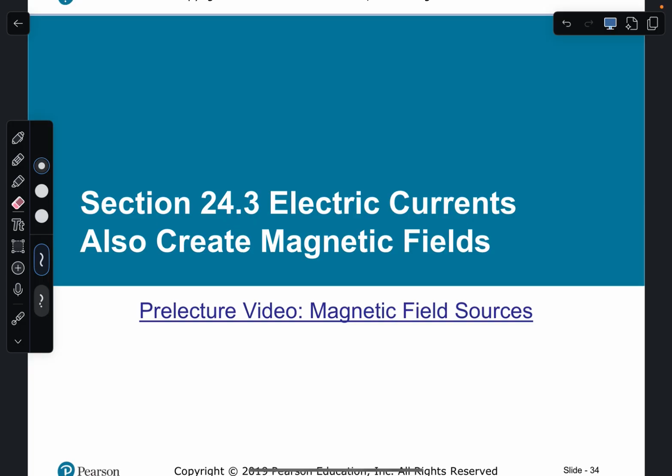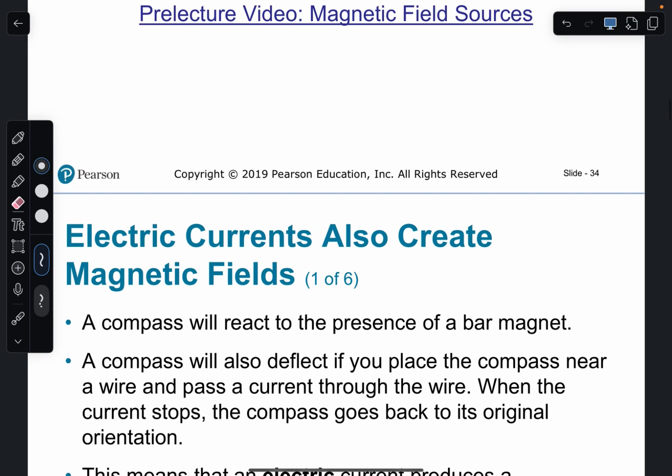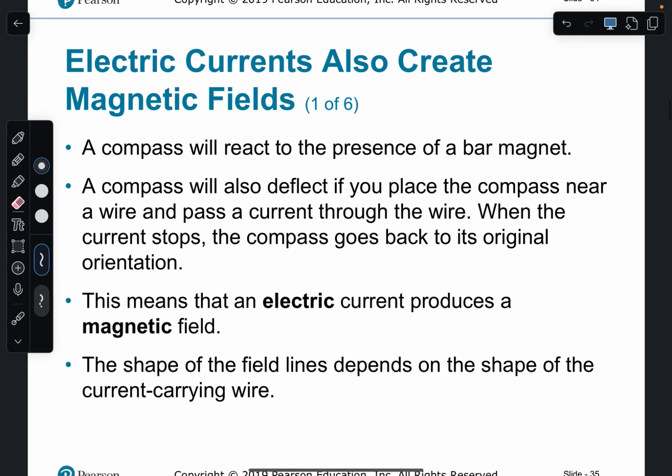We use magnetic fields to drive motors. We use magnetic fields to convert mechanical energy into electrical energy. The way that we do that is we create magnetic fields by producing a current. So electric currents also create magnetic fields.